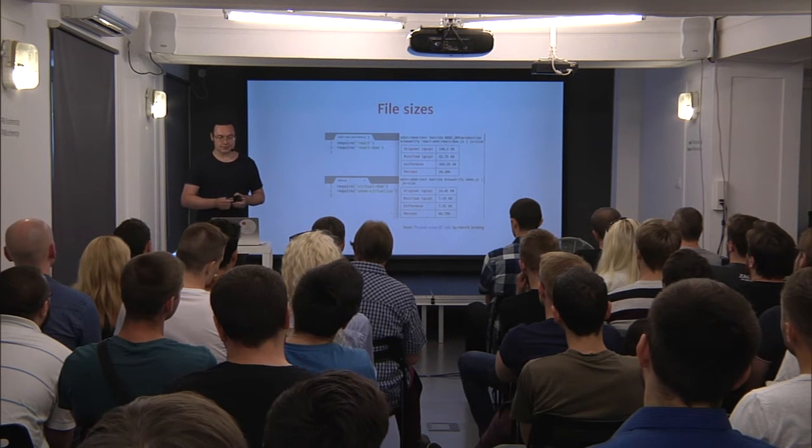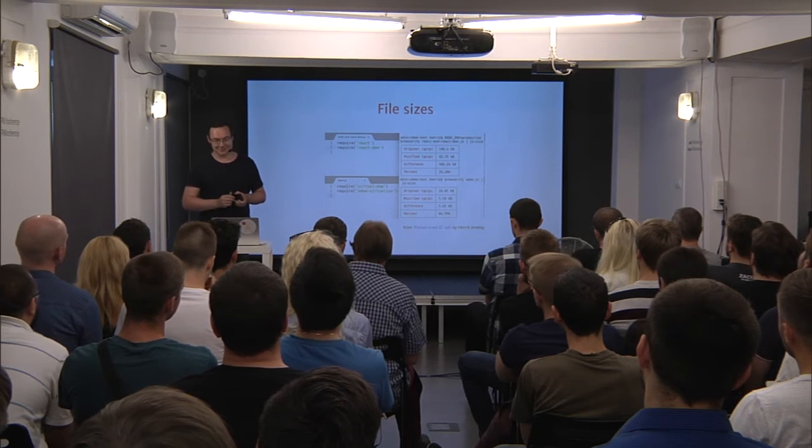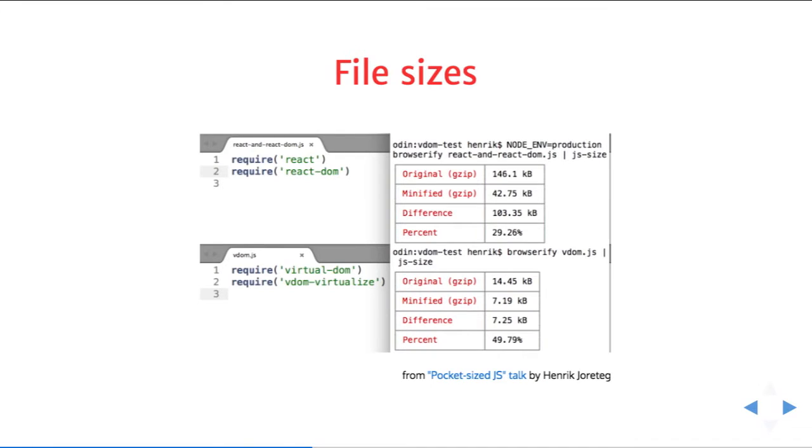Okay. I've borrowed a slide from Henrik Joretek from his pocket-sized JS talk, and I highly recommend you watch it. Here he compares the file sizes. If we use React, the original zipped file size is 146 kilobytes.